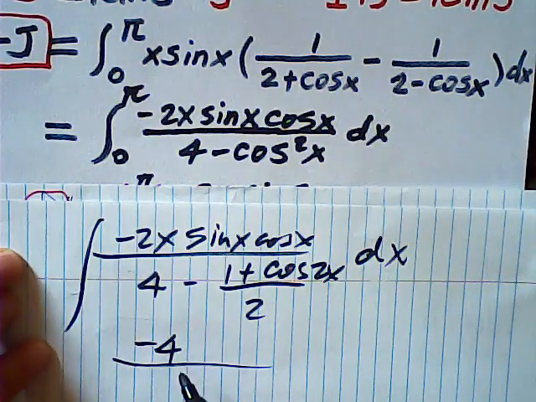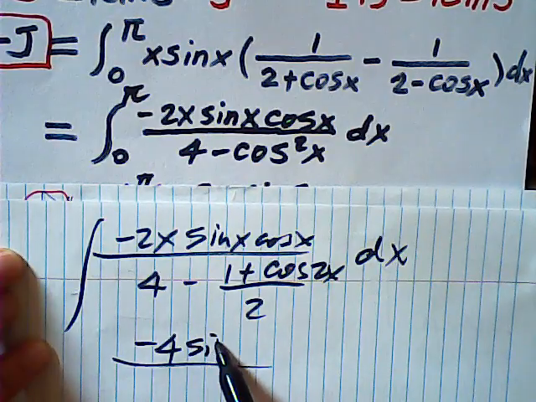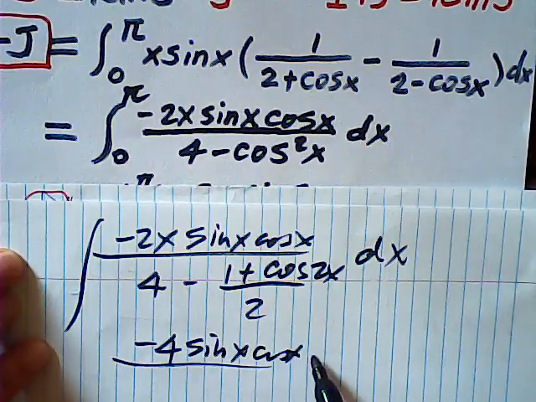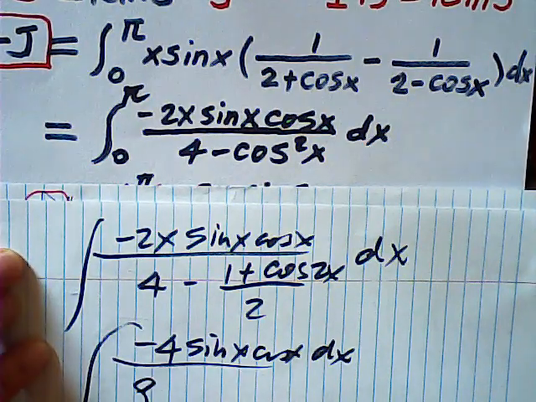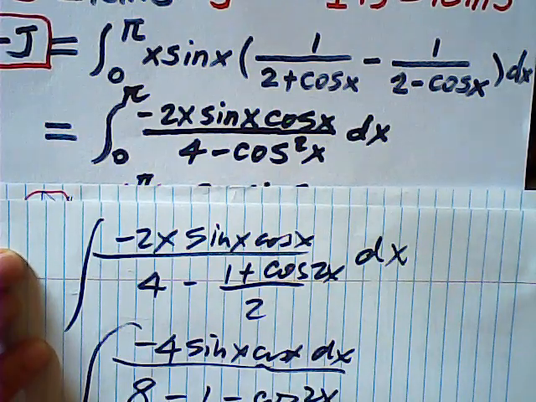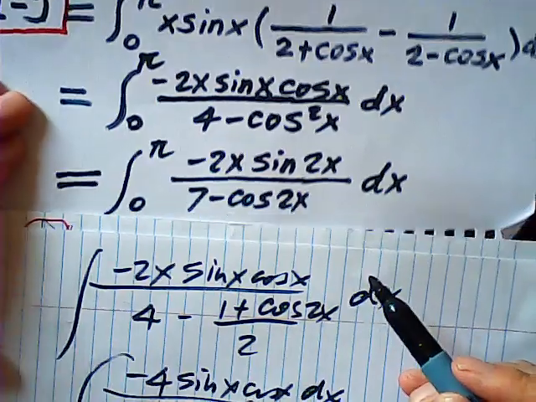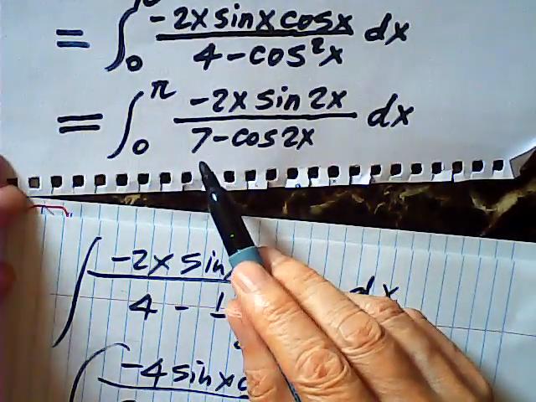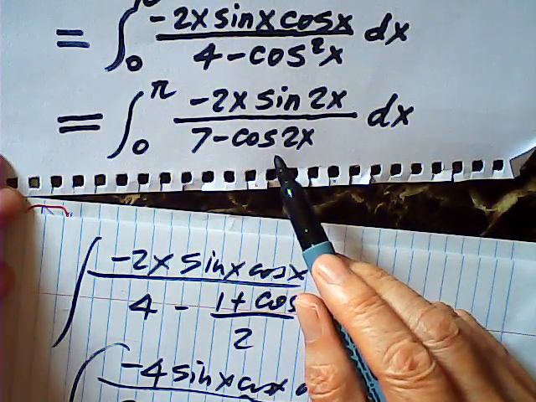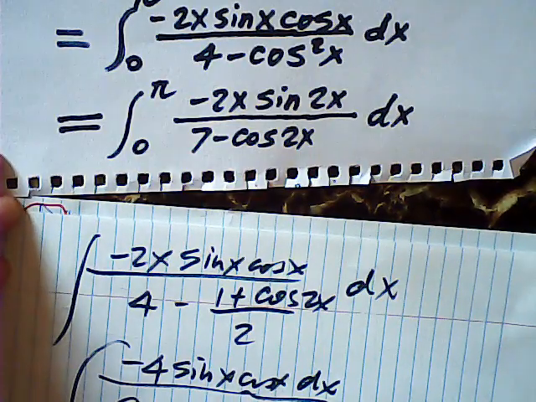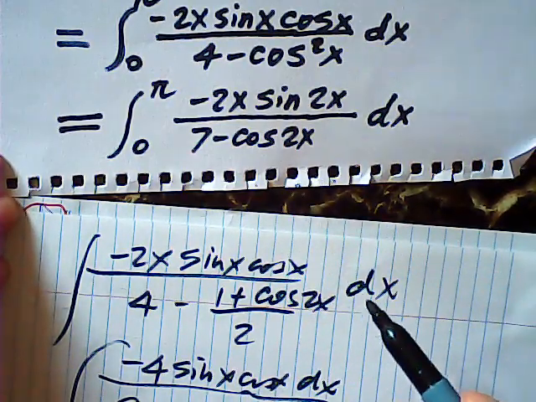This is minus 4 sine x cosine x dx over 8 minus 1 minus cosine 2x. This is the reason I have 7 minus cosine 2x. See? So this is the reason.